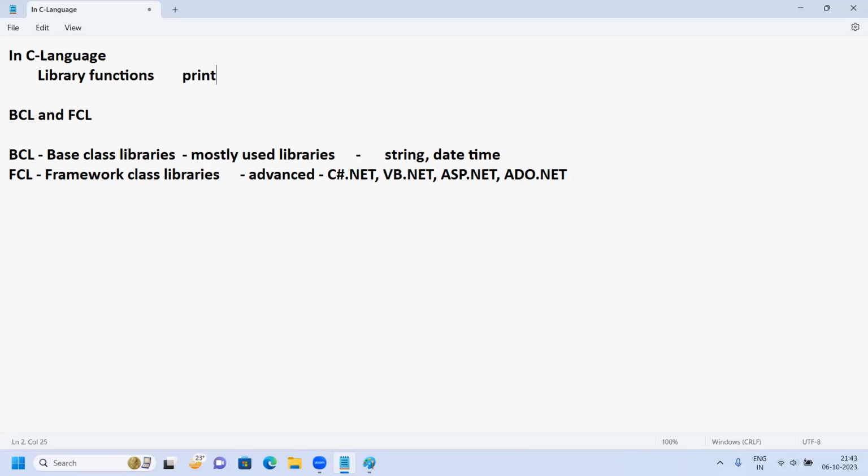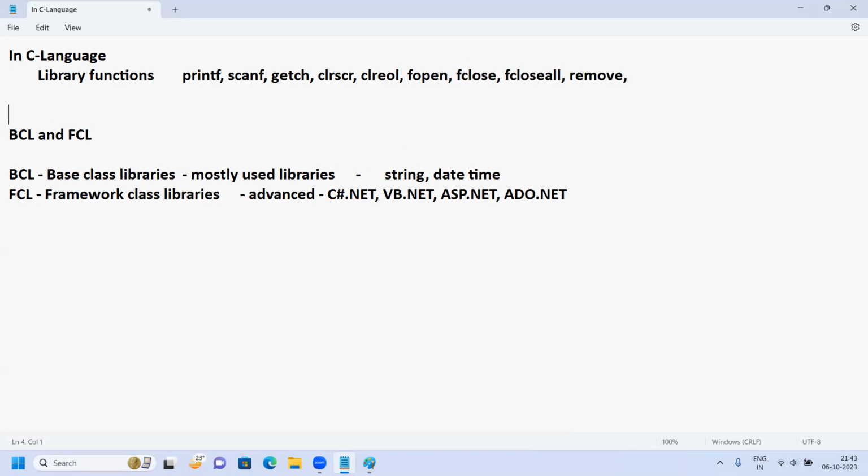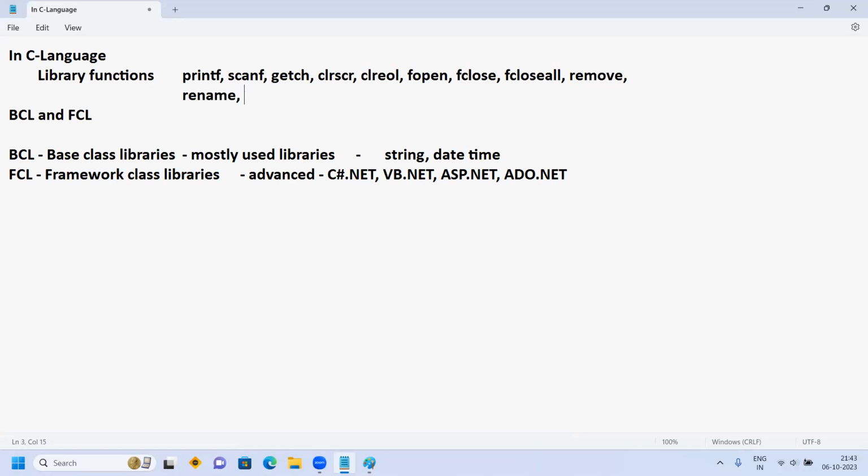Printf, scanf, getch, clrscr, fopen, fclose, fcloseall, remove, rename, rewind, fputc, fgetc, putchar, putch, sprintf, vprintf, cprintf.